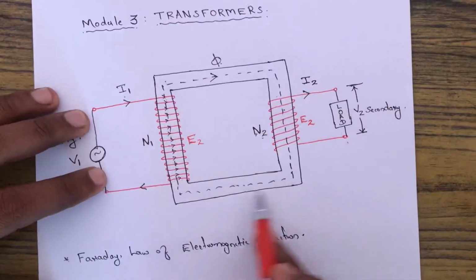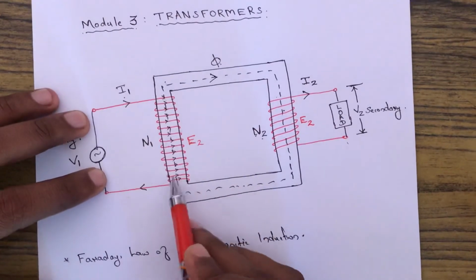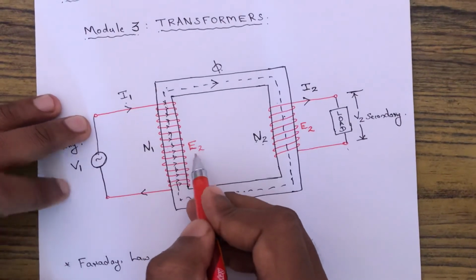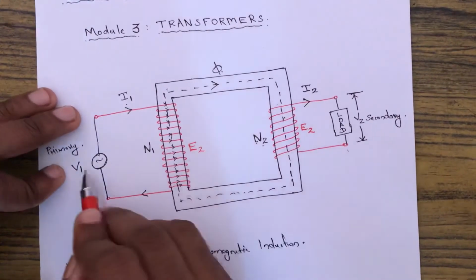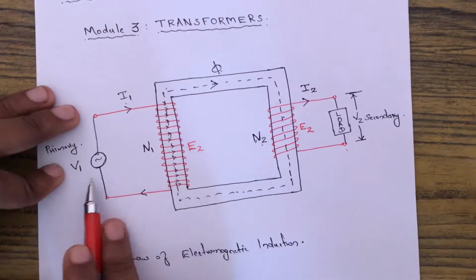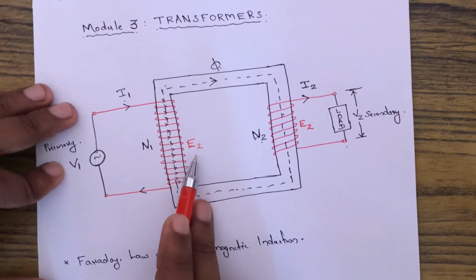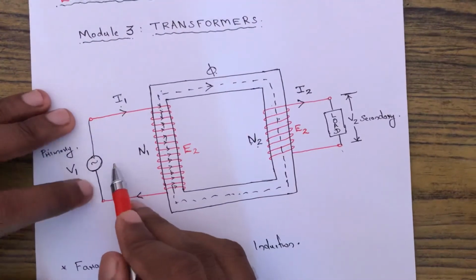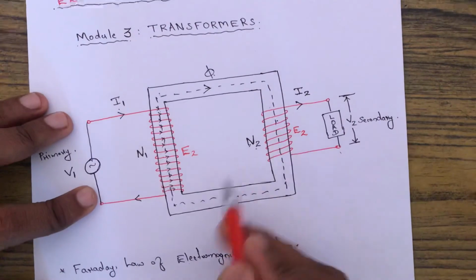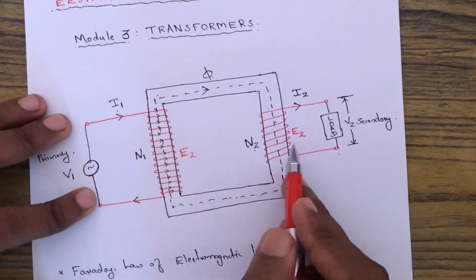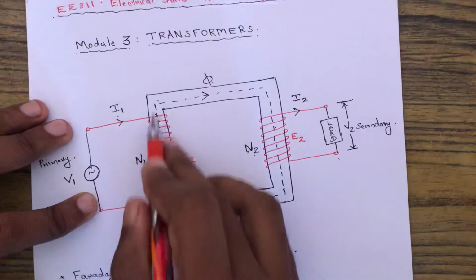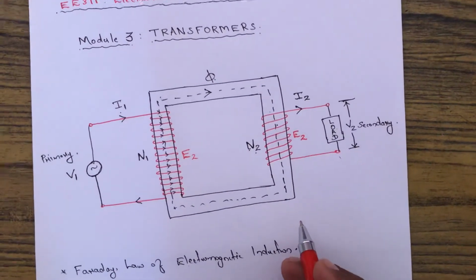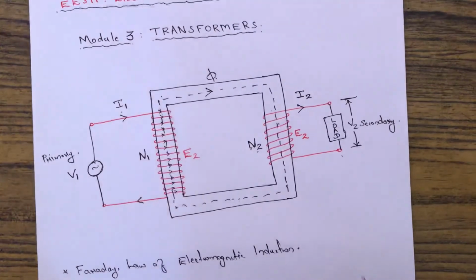This E1 opposes the applied voltage V1, similar to back EMF in DC motors. This is how power is transferred from primary to secondary, even though they are electrically separated and connected magnetically. This is the working principle of a transformer.